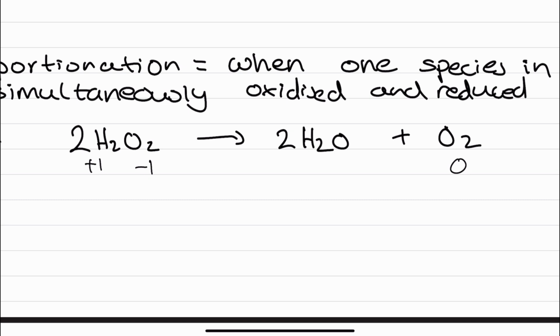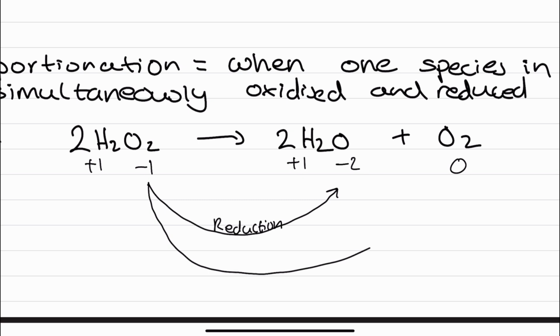Oxygen here now becomes -2 again, and hydrogen remains at +1. Here to here, that was a reduction. However, here to here was an oxidation. Therefore, this reaction shows disproportionation because oxygen is both oxidized and reduced at the same time.